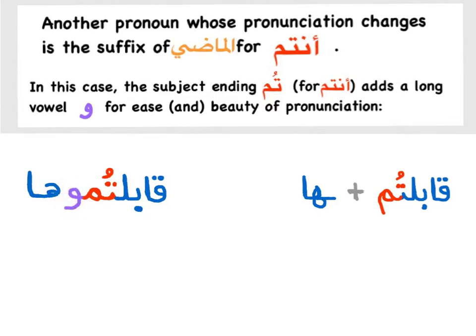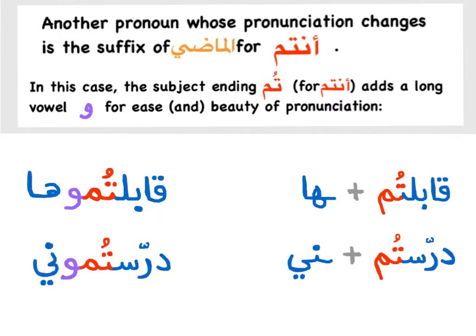So قابلتموها. Another example, درستم أنتم درستم, and ni, this is the attached pronoun for أنا.